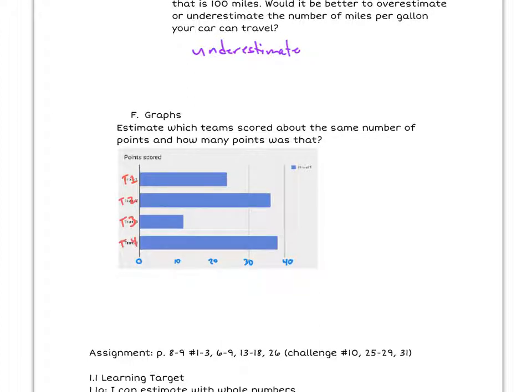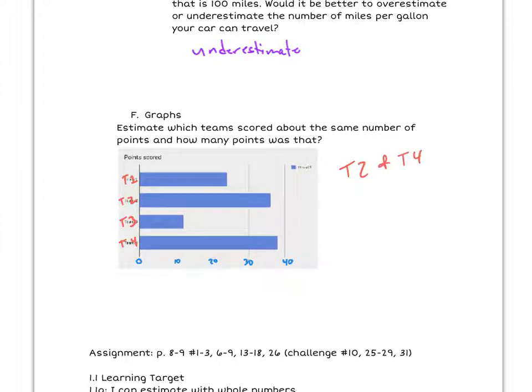Those are just the labels there. So which team scored about the same number of points? Team 2 and Team 4. They're pretty close to each other. They're not exact, but they're pretty close. So we'd say Team 2 and Team 4.